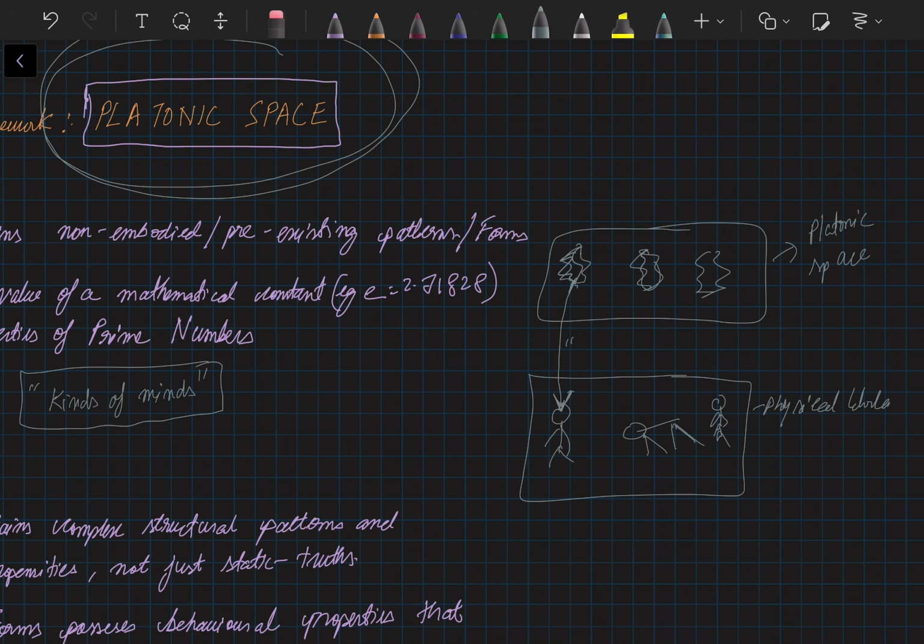These non-physical patterns use the human body or any physical body to ingress into the physical world. Okay, so that's his idea.